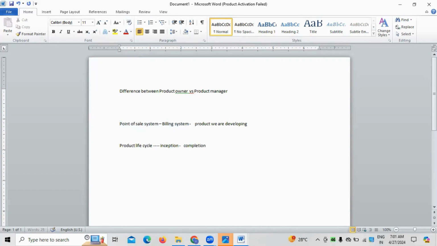Completion means you need to understand what kind of product. If you are a product owner, what kind of product are we developing? First point. In what way is it useful to us.